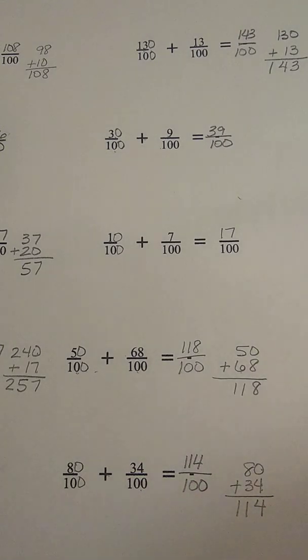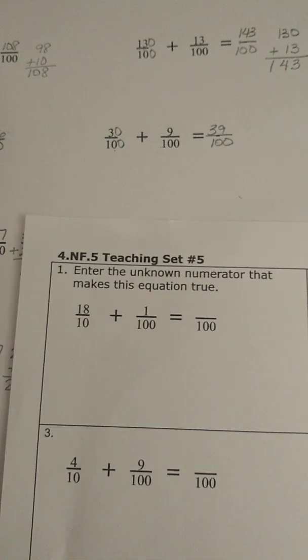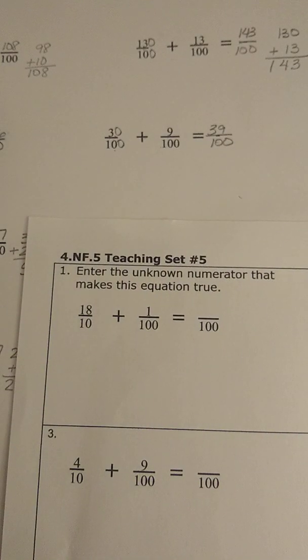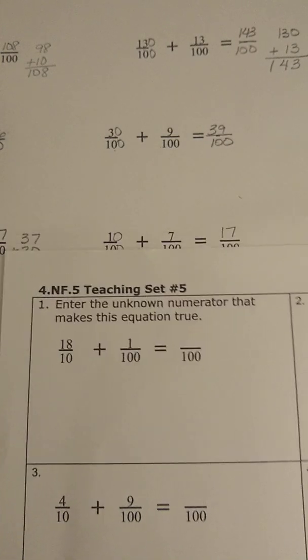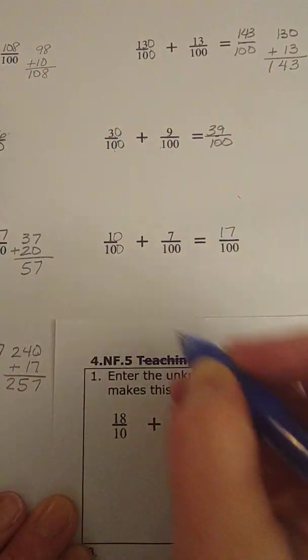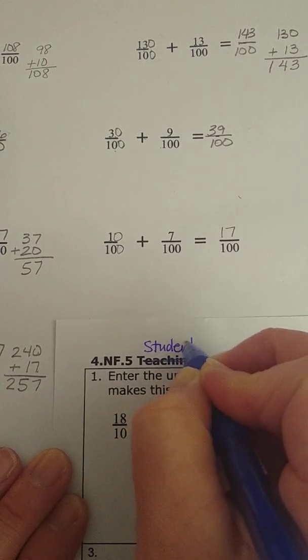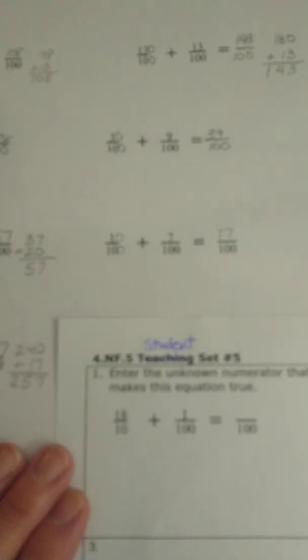All right, so that was it. It went pretty quick. You have 8. This says NF5 teaching set number 5, but it should say student set. So this is the student set, the one that has the boxes.